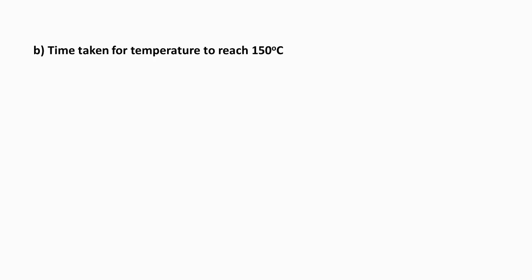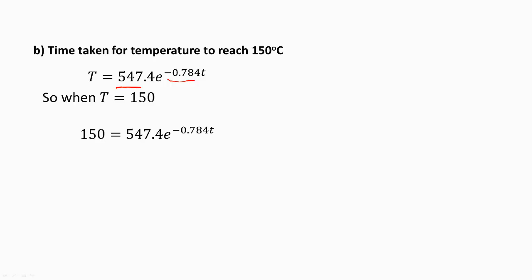And the time taken for the temperature to reach 150. This time I still have my initial temperature, and I've got the same k, and this time I want when the temperature is going to equal 150, so we substitute that in for temperature.